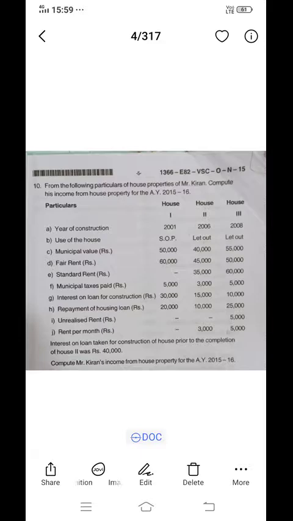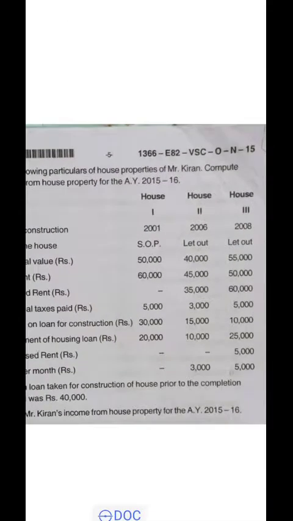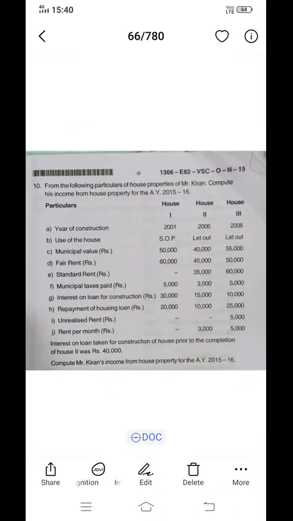3 houses are given. House 1 is SOP, house 2 is LOP, house 3 is also LOP. Municipal value is given, fair rent value is given, standard rent is given, other details are given. So the first step is calculation of gross annual value, right?